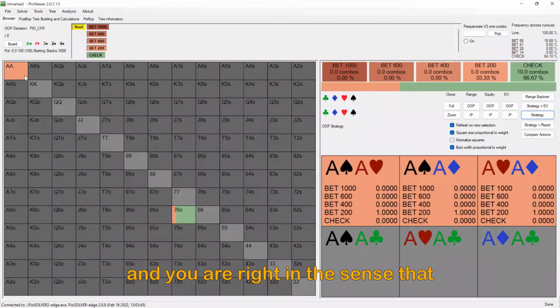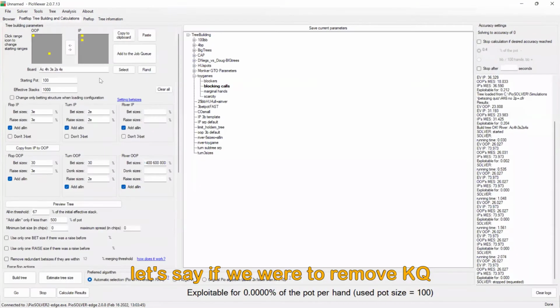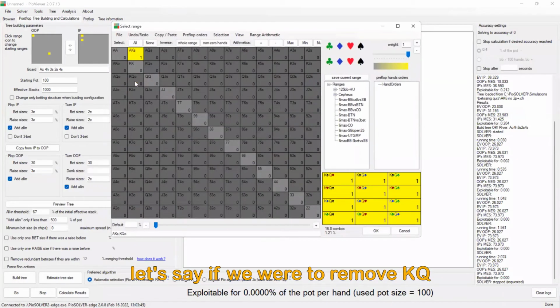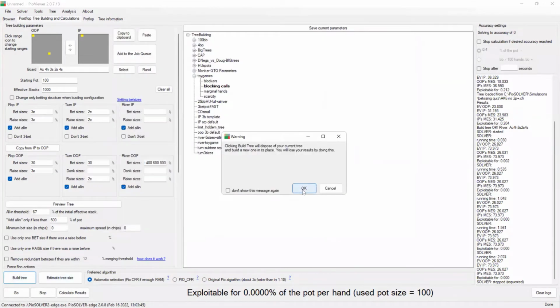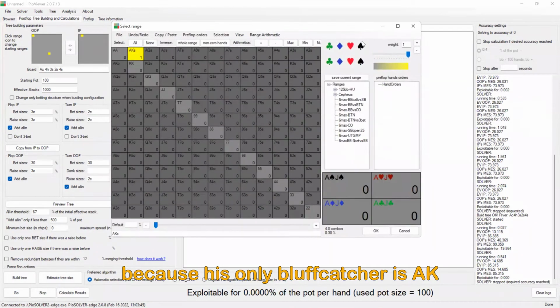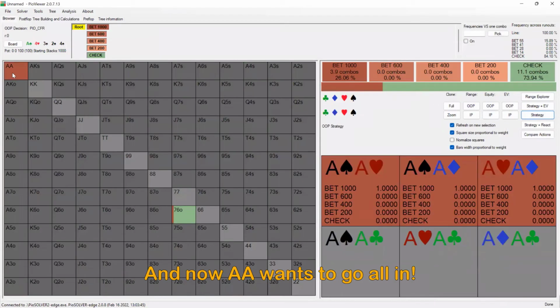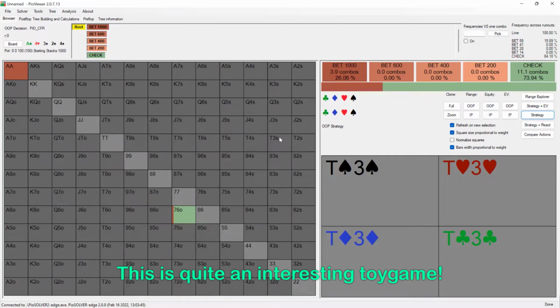And you are right in the sense that, if we were to remove king queen, so now we still block a ton of in position's calling range, because his only bluff catcher is ace king, and now aces wants to go all in. This is quite an interesting toy game.